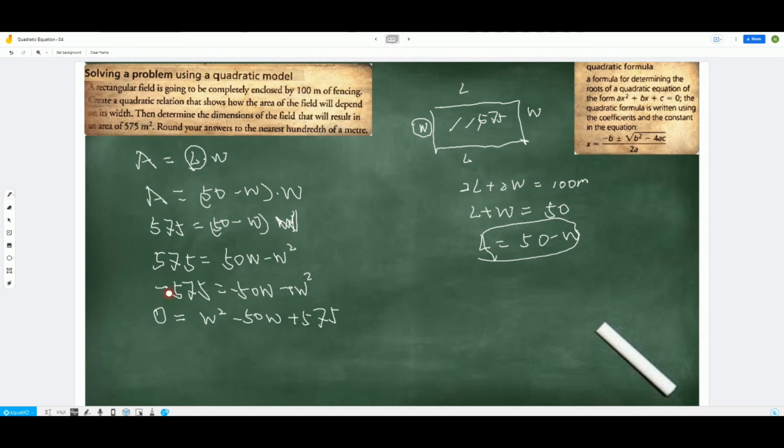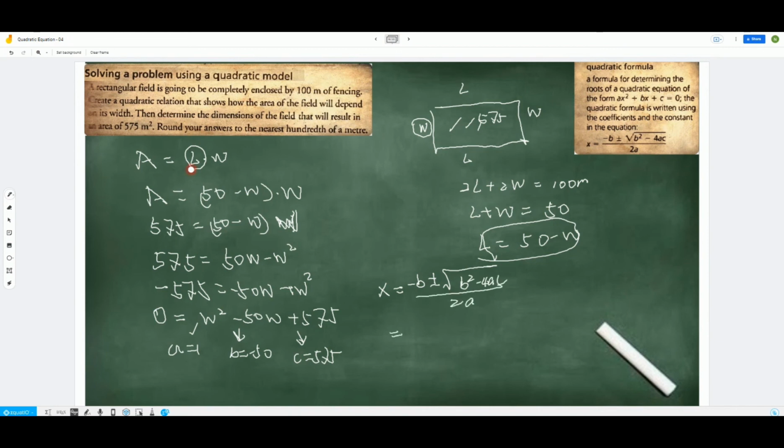Okay, this is a quadratic equation, so we want to use the formula x equals negative b plus or minus the square root of b squared minus 4ac, all over 2a. So we have to find a, b, c. Here a equals 1, b equals negative 50, and c equals 575. So we copy the quadratic formula and substitute.